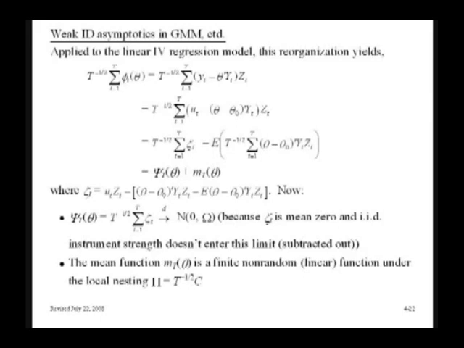I just rearrange, so I write y_t minus theta naught y, which is just u, and I'm left with theta minus theta naught times y.